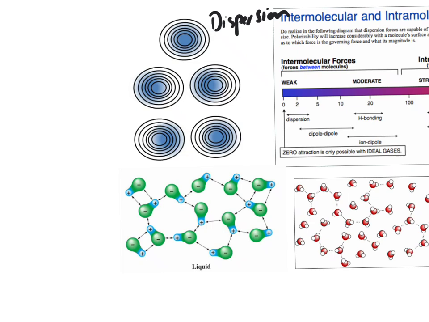So these blue circles here, we're going to try to represent dispersion forces of these. Every atom is going to have a type of dispersion force, and that is because they have electrons. The more electrons, the more we can have dispersion forces.